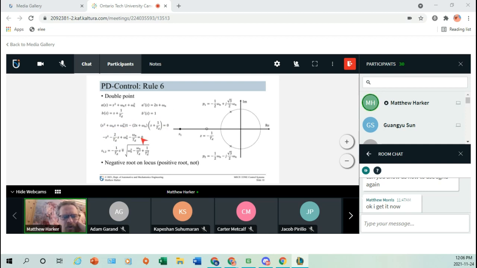We'll end up with a quadratic equation in S. So if we essentially write out our quadratic formula for these values, assuming just general values of omega n, which determines the radius of this circle, and then TD, which places our 0, this is going to be different, but of course we can get a rough idea of what's going on.